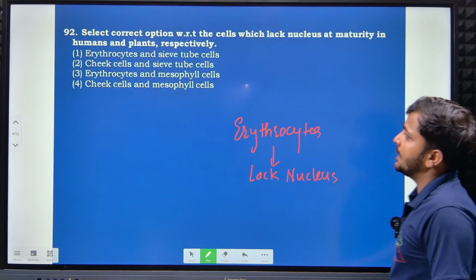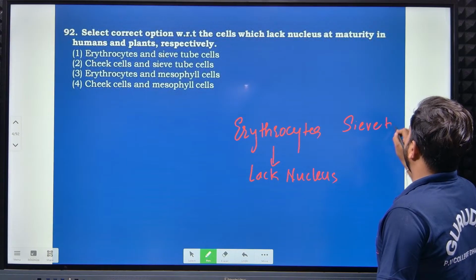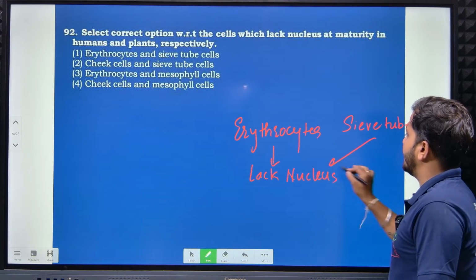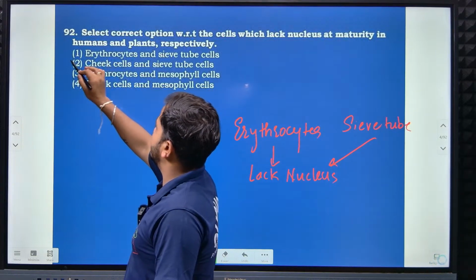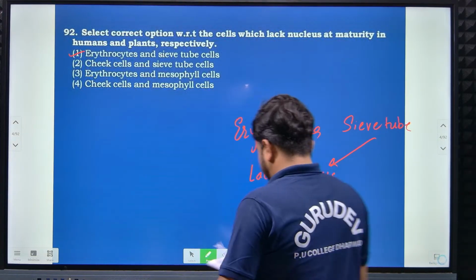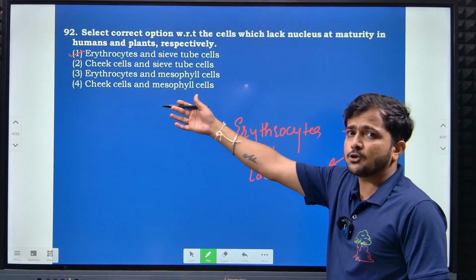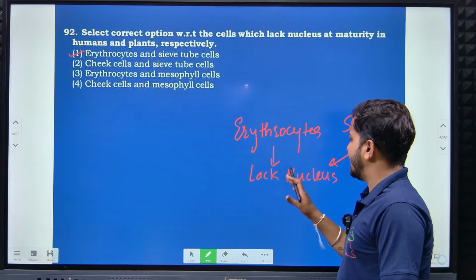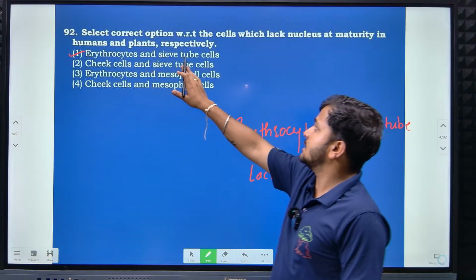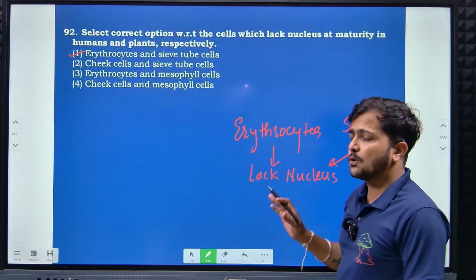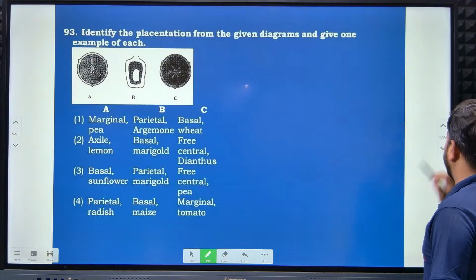And even the sieve tubes of the plant cell also lack the nucleus. So according to the question, erythrocytes and sieve tube is the answer over here, right? Erythrocytes, when they reach maturity, lack a nucleus. Like that, in plants, sieve tube cells lack the nucleus when they reach maturity. So here option 1 is correct, right?